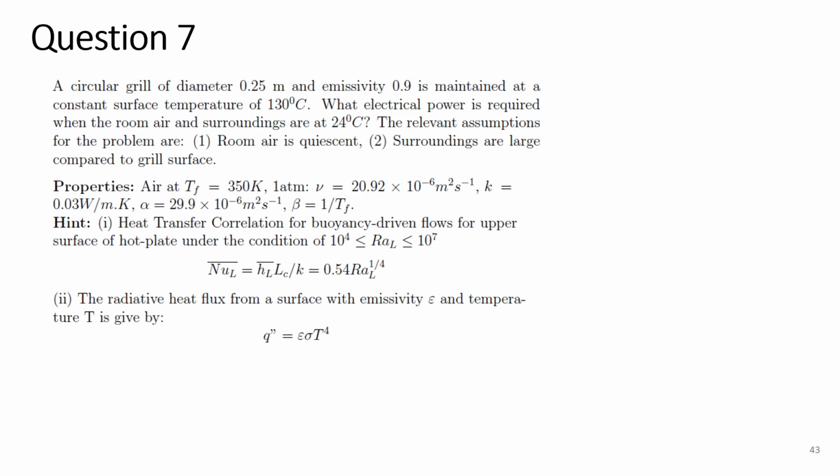And all those parameters we have been given, and then basically we have also been provided the heat transfer correlations, which is the Nusselt number correlations, and we have also been given the radiative heat flux. So overall, again, we have been asked to find the electrical power. That will be a summation of convective power as well as the radiative power, that is the heat transfer rate due to convection as well as radiation.